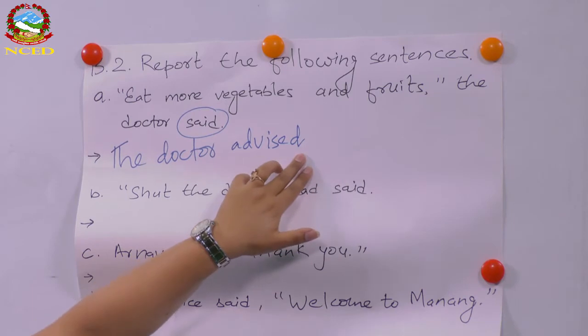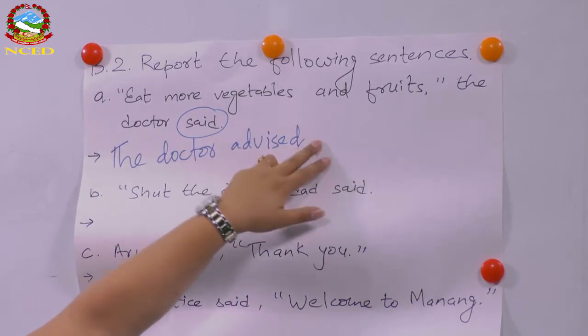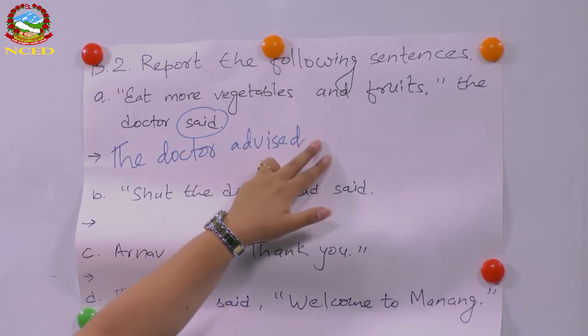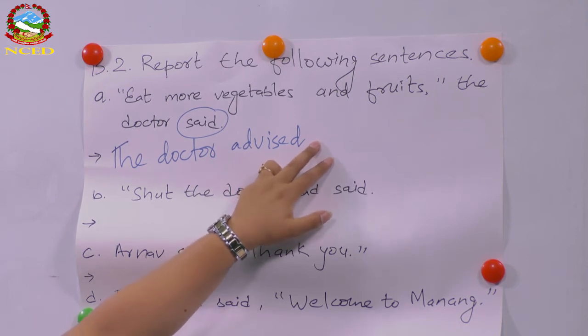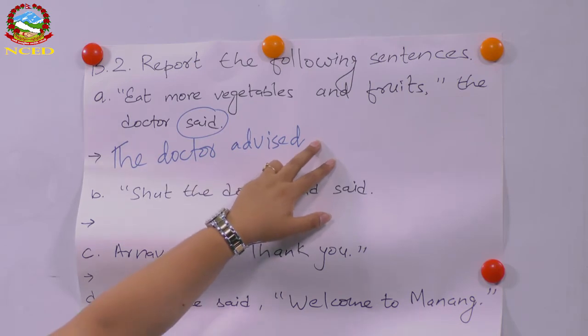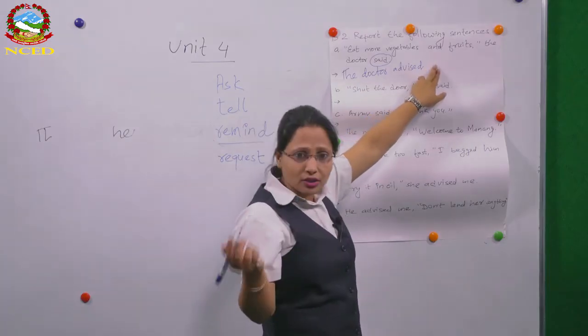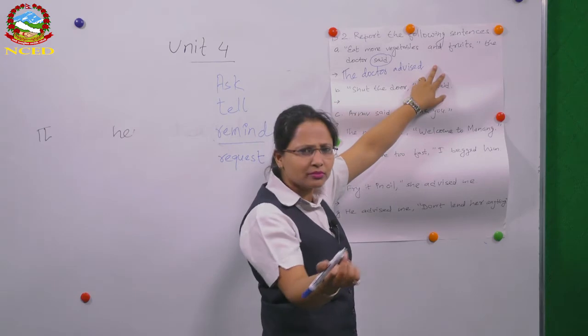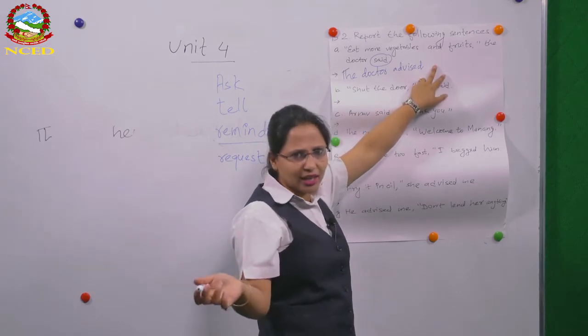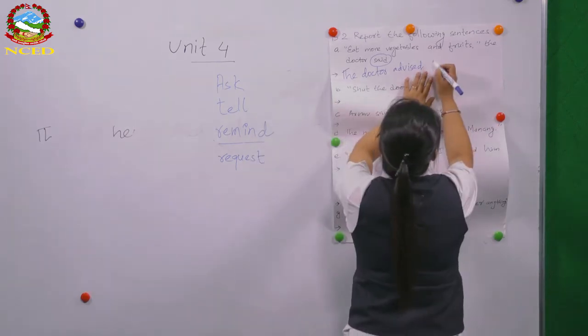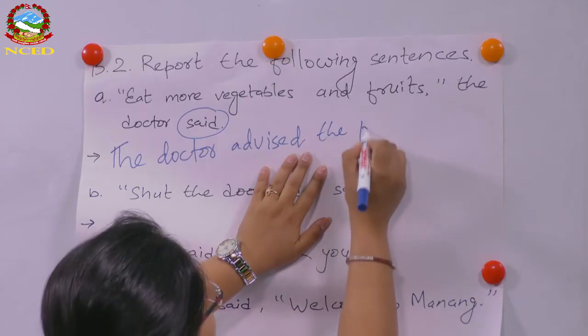Now advised whom? The object is not given here. So it's up to you what object you want to add here. It can be simply me. The doctor advised me, or the doctor advised the patient, the doctor advised him, her. You can write any there, okay? So let's write the patient.